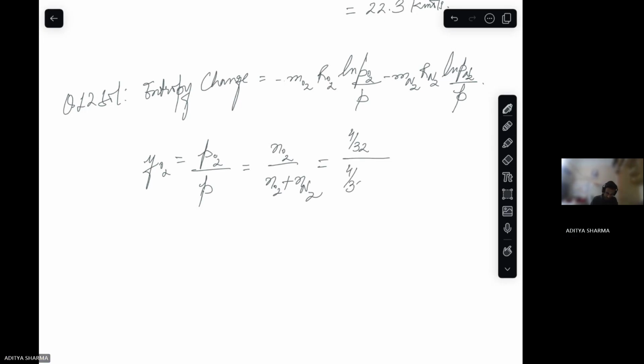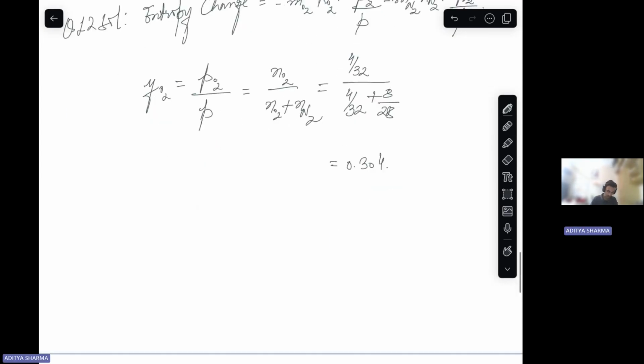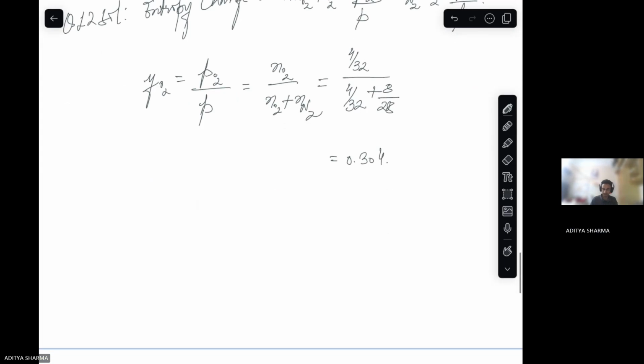So plus 8 is the weight of nitrogen that is there in the question. So if we work this out, this comes out to be 0.304. If there is some mistake in the calculation, you can intimate me in the comment box. Okay.